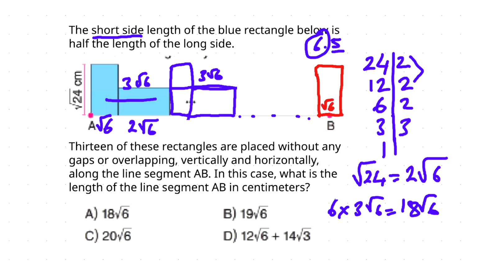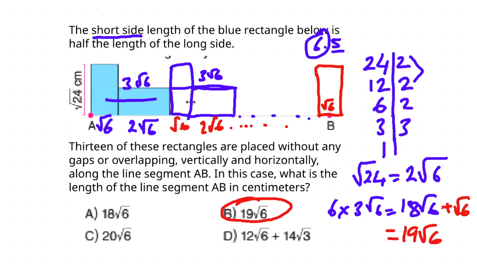So far we had root 6, remember, here 2 root 6, all of these sets, so it was 18 root 6, but in the last one we have also another one. So I'm gonna go ahead and add 1 root 6 to this, which gives us 19 root 6 for the line segment AB in centimeters.